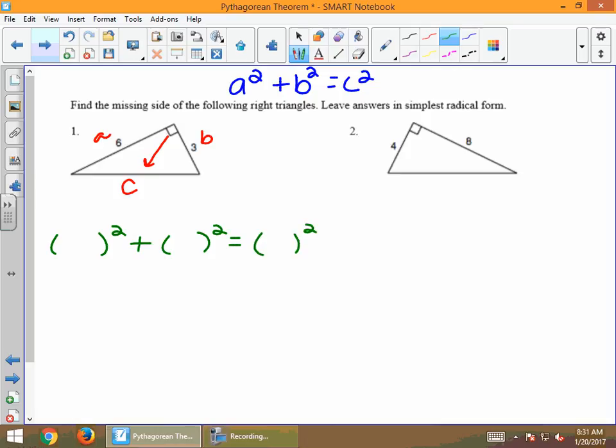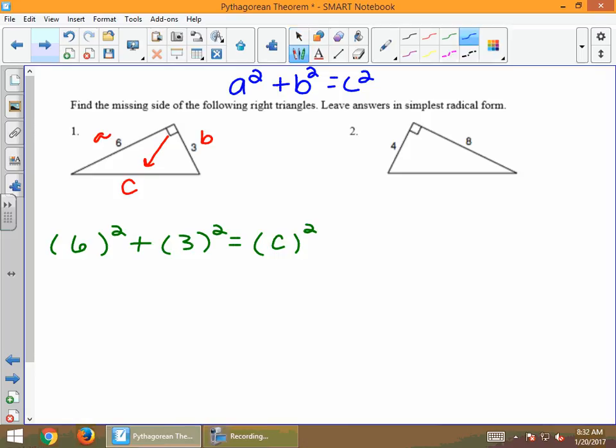We've labeled our A as 6, so we're going to write 6 there. We labeled our B as 3, so we're going to write 3 there. And then we don't know that side, so we're just going to label it as C. Sometimes there's an X written there, so you just fill in an X. And then clean it up. You can just use your calculator.